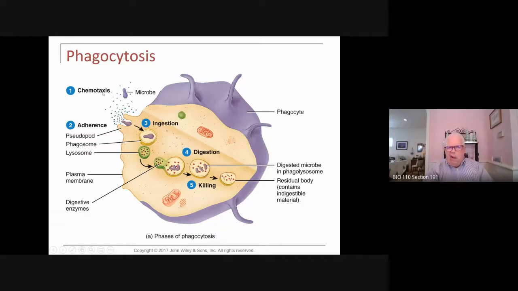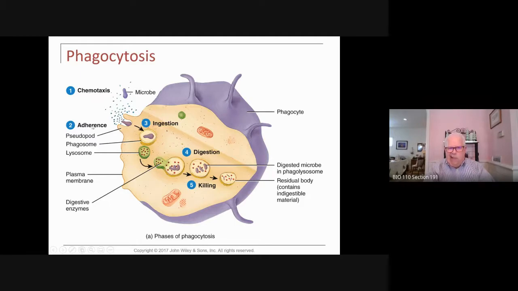Neutrophils, because of chemotaxis from the tissue, will be drawn to the microbe. This is a chemical signal given off by the tissues that a microbe is there or a foreign protein is there. So the first step in phagocytosis is chemotaxis.